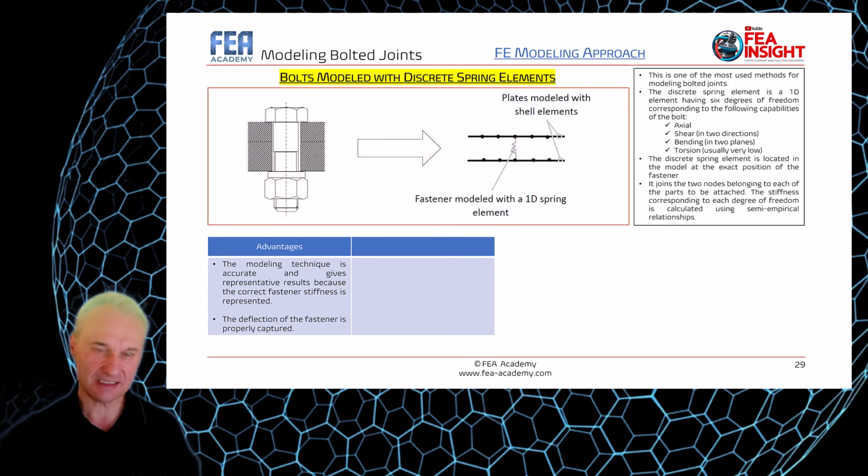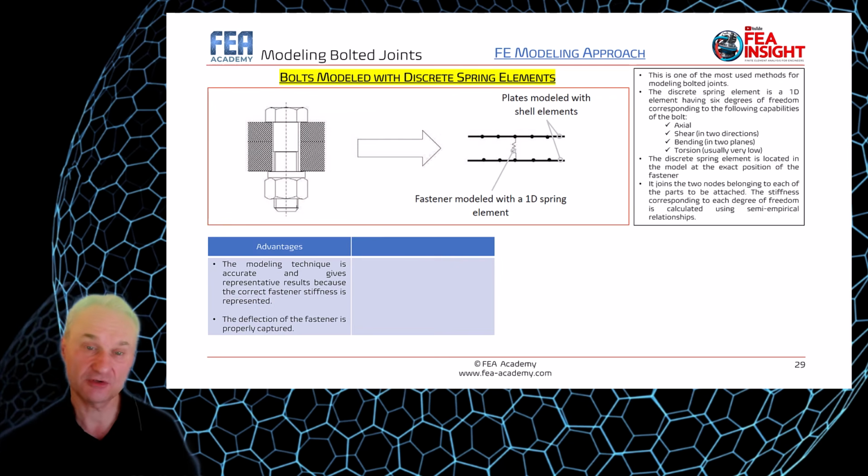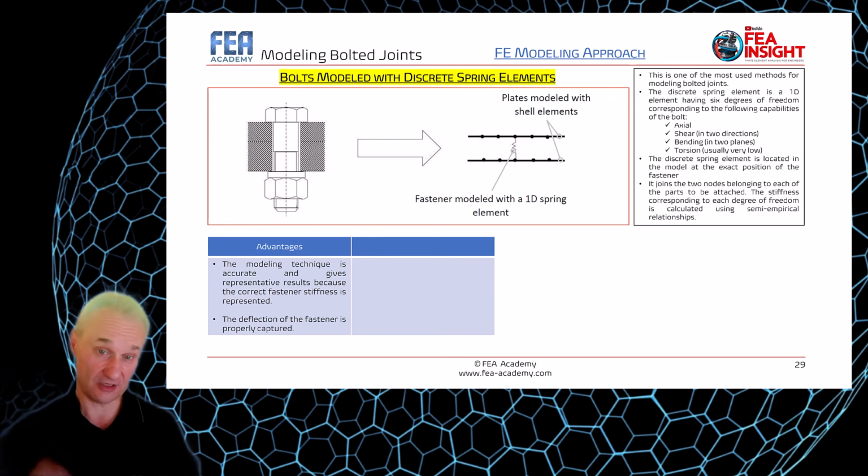So let's see the advantages of modeling fasteners using discrete 1D spring elements. First, the modeling technique is accurate and gives representative results because the correct fastener stiffness is represented. Okay? And the deflection of the fastener is properly captured, again, because you enter into the model the exact stiffness of the joint.